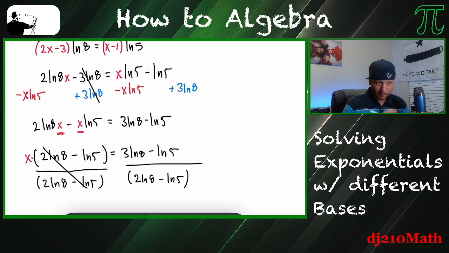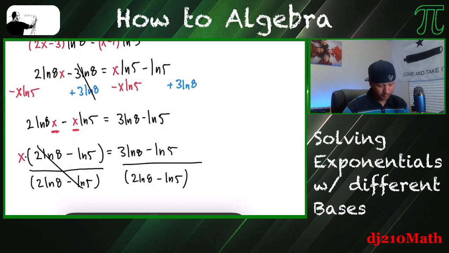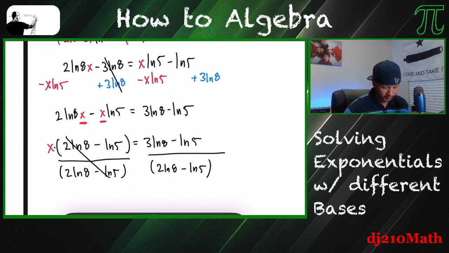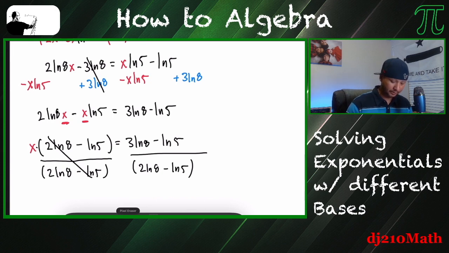Okay, here is an opportunity for a hardcore rookie mistake. It almost seems like, oh, there's a ln 8 and a ln 5 on top and bottom. Like, that cannot happen.